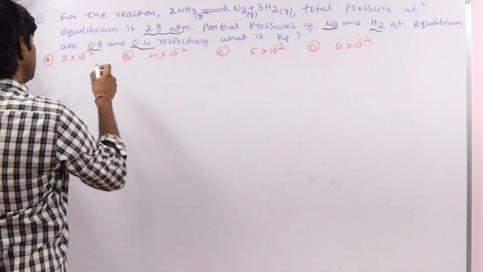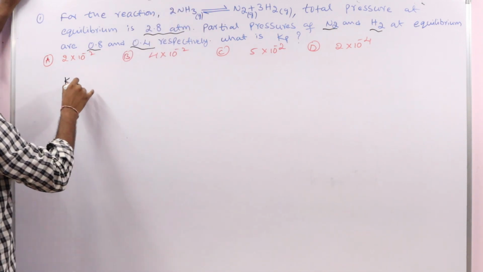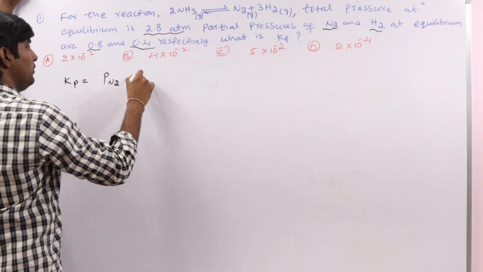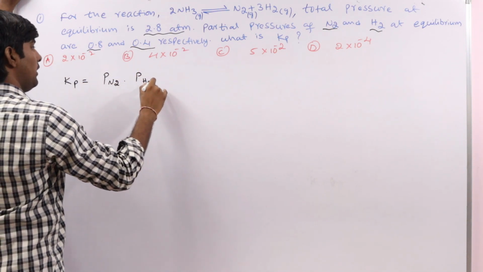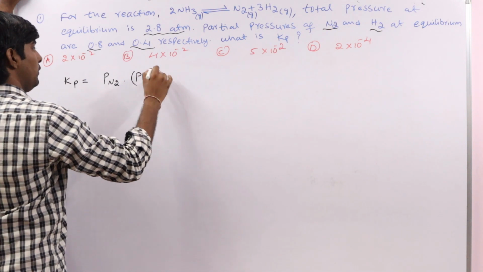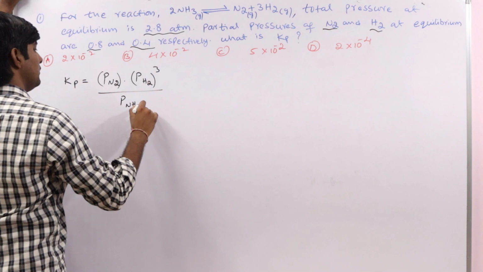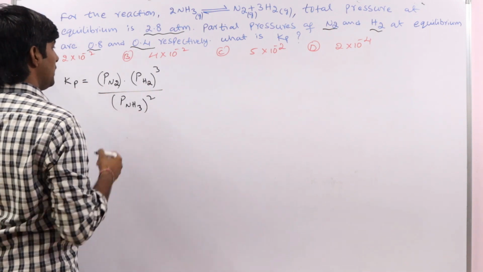First, for this reaction, what is the Kp expression? Kp is equal to partial pressure of N2 into partial pressure of H2 whole power 3 by partial pressure of NH3 whole power 2.